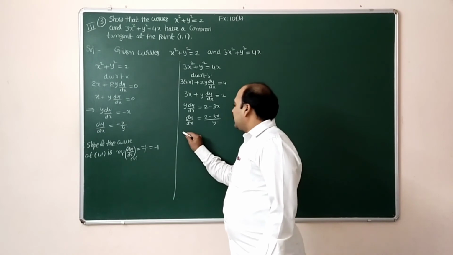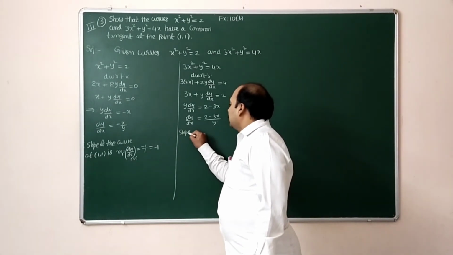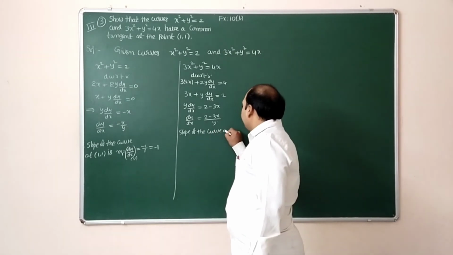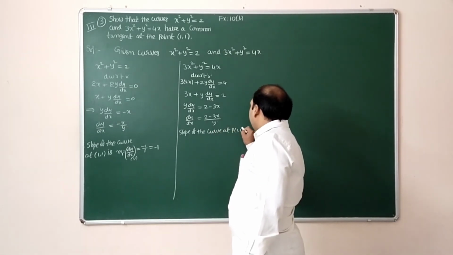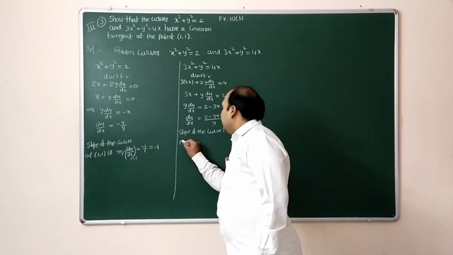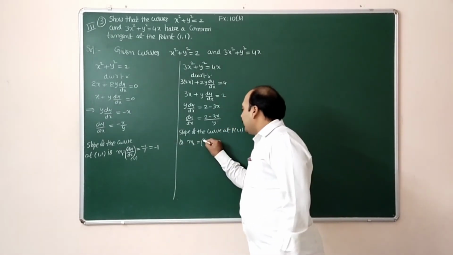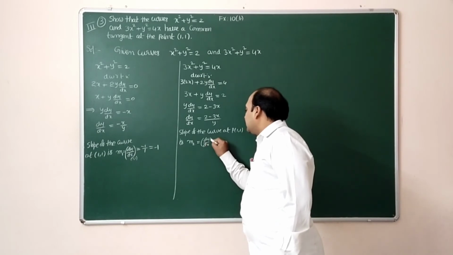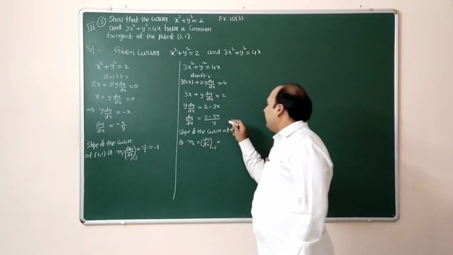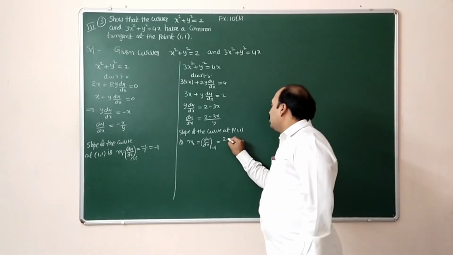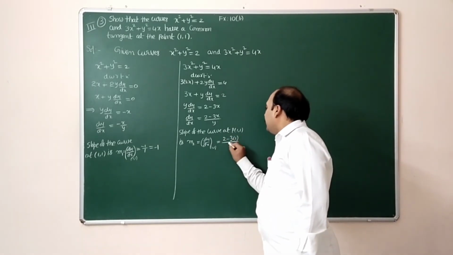So I am assuming that slope of the curve at P of 1 comma 1 point, this is the second curve, I am assuming m2, dy by dx at 1 comma 1 is, wherever x and y is there replacing with 1 comma 1, you get 2 minus 3 into 1 divided by 1.